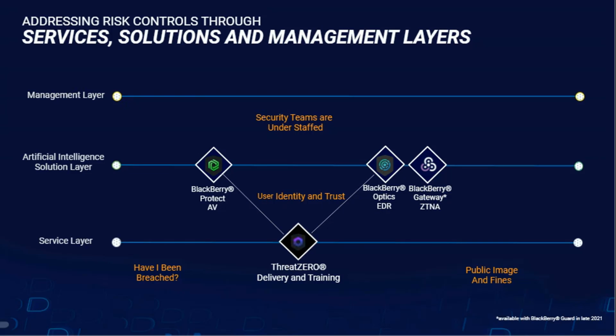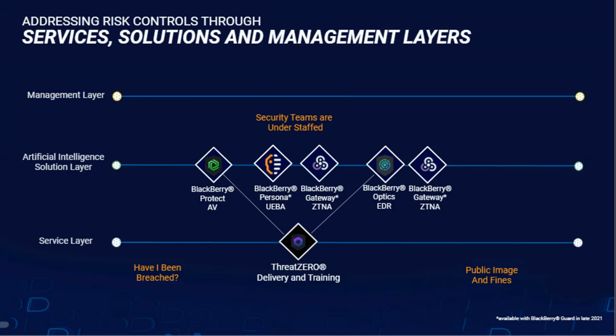Moving to that user identity and trust, again, we have two products to help alleviate that. BlackBerry Persona is our user and entity behavior analytics. It's looking at the passive biometric patterns, network access patterns on device, and continuously authenticating a user following the zero trust fundamentals for the endpoints.